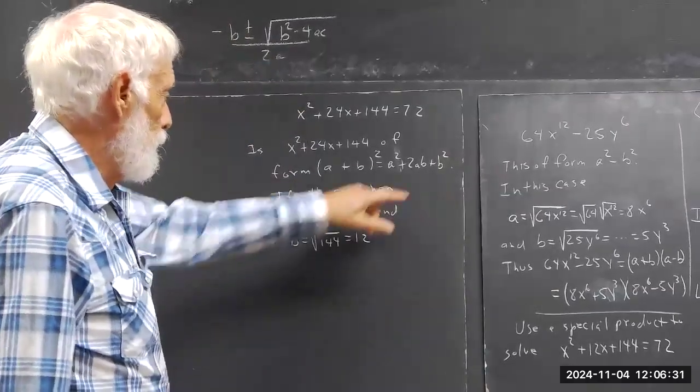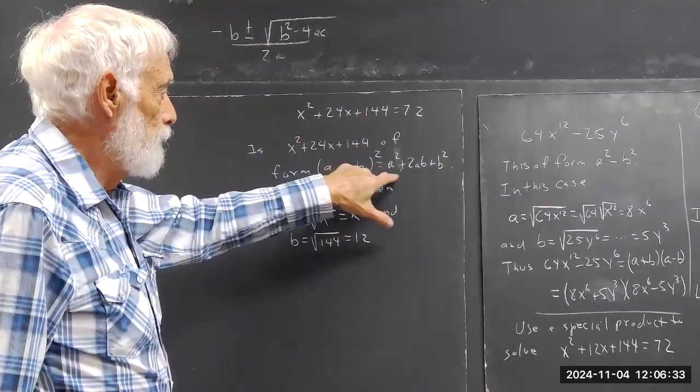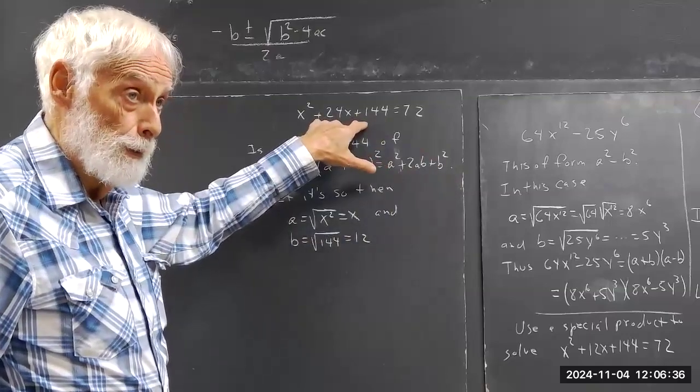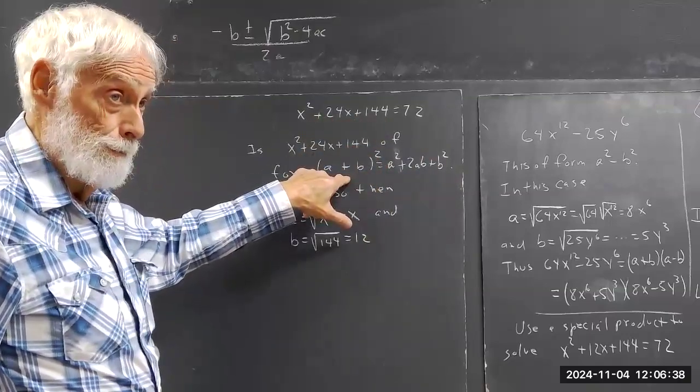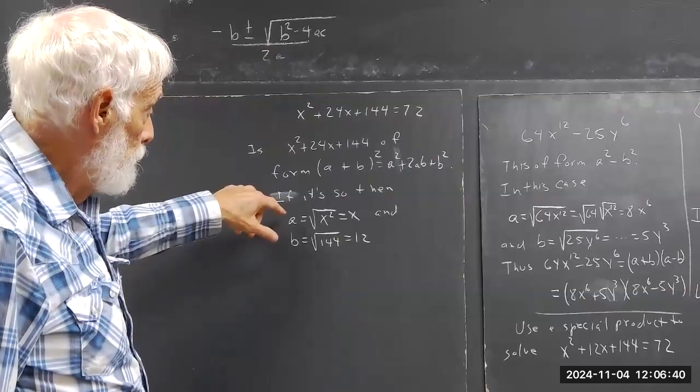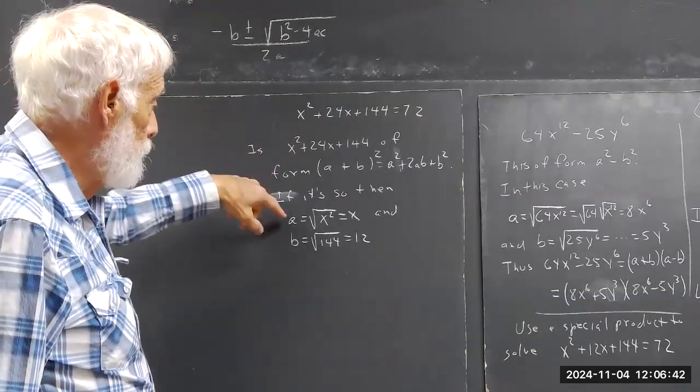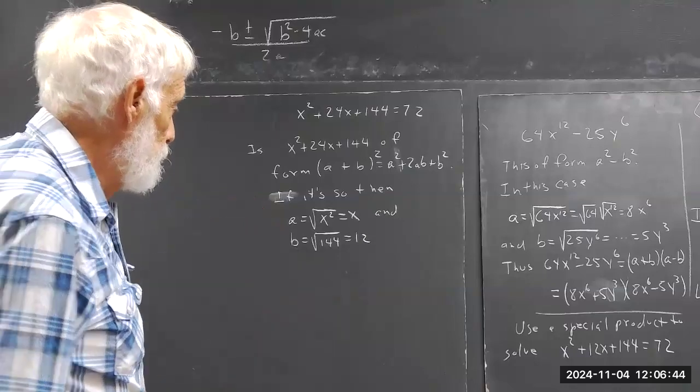Okay. Now, in other words, is this an a squared plus 2ab plus b squared? Because if it is, we can write this. Okay, well, if it's so, then a equals this and b equals this.